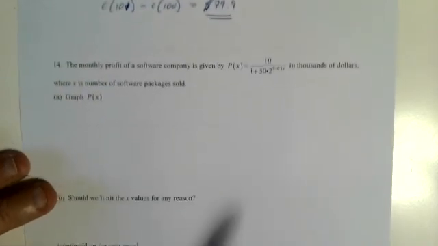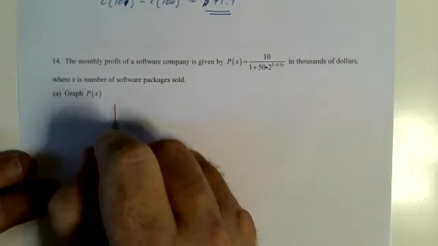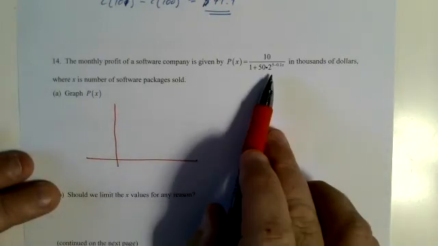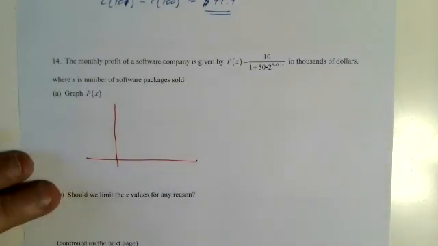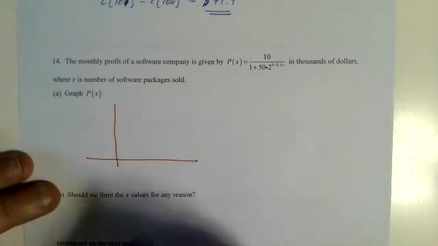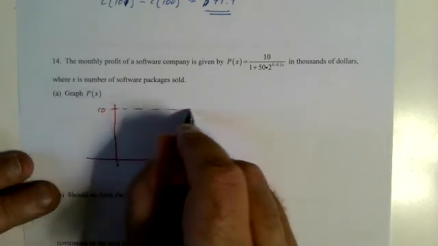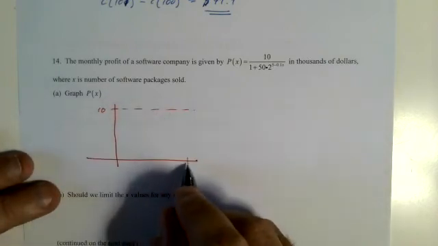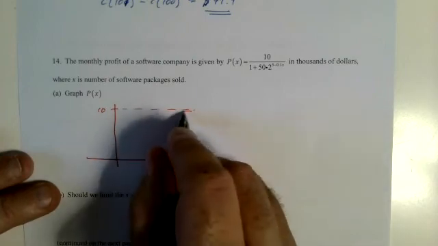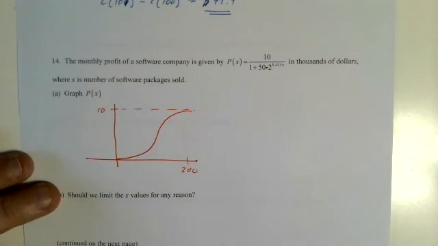Another one, monthly profit of a software company is given by this formula. The graph, this is a logistic curve, as in you top out at some point. You can't keep selling because the market's only going to get so saturated. So up here is 10. Out here is about 200. All right.